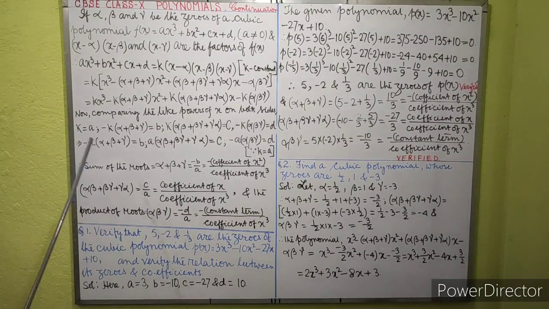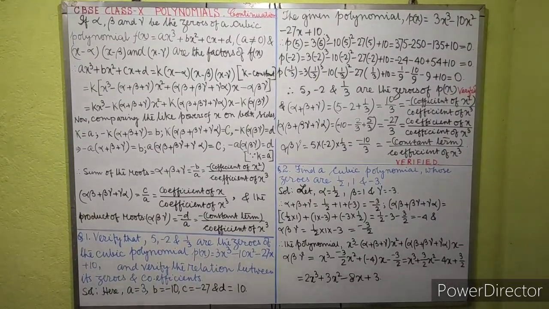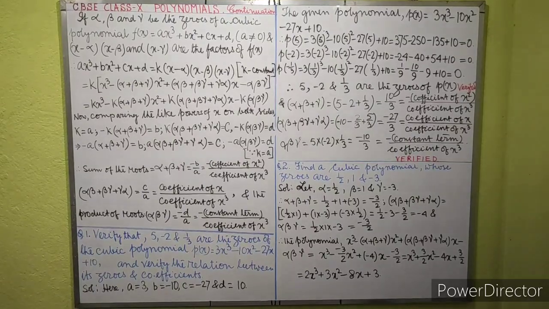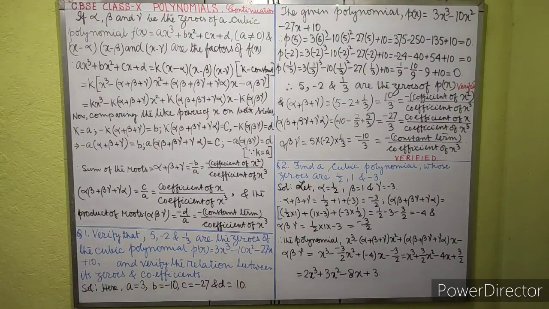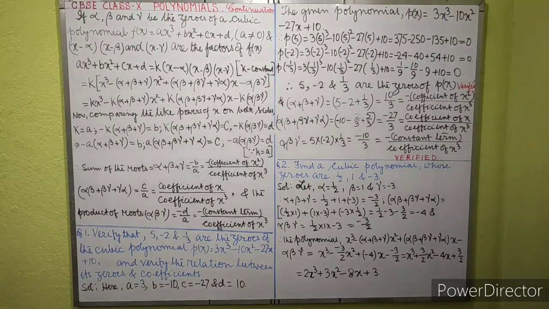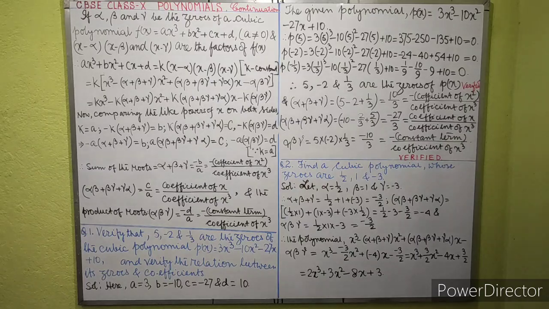That is ax cube plus bx square plus cx plus d equal to k into (x minus alpha)(x minus beta)(x minus gamma), where k is a constant.